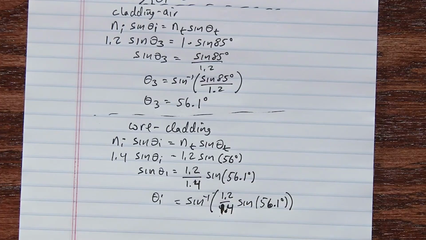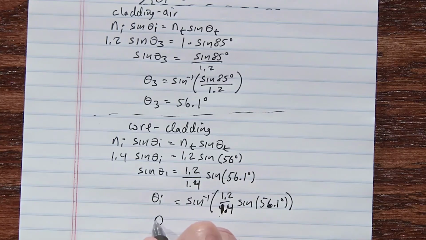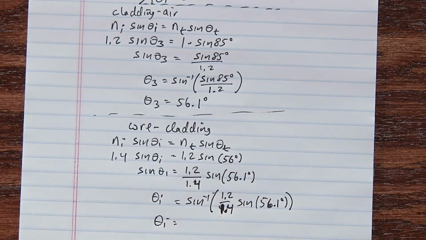Okay, so theta incident is equal to the inverse sine of 1.2 divided by 1.4 times sine of 56.1 degrees. Close my parentheses, and I have an angle of 45.4 degrees.